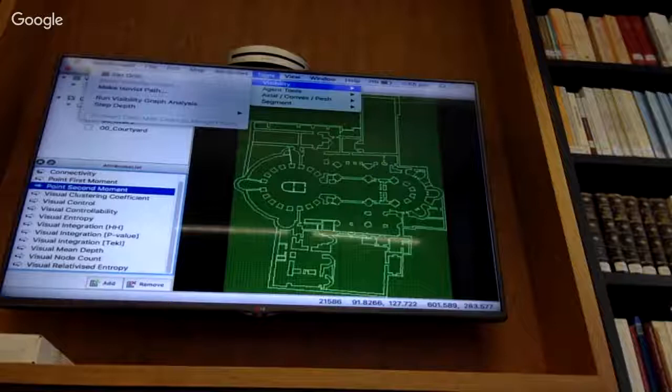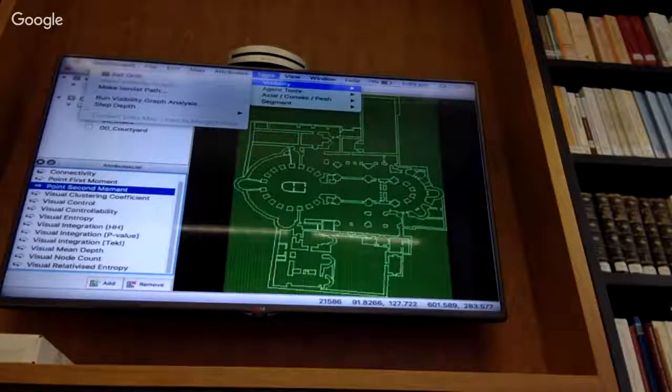That, as you can see, is based on a grid, so it carves the plan up into a grid, and then it's about the relationality between the grid cells. Whereas in the urban model, rather than the junction being the node, the space is the node, and the edge is the junction.